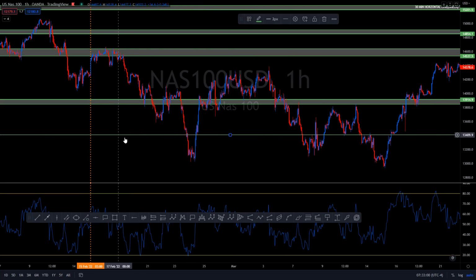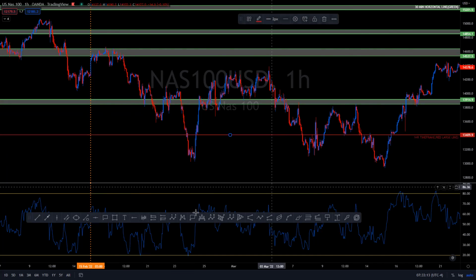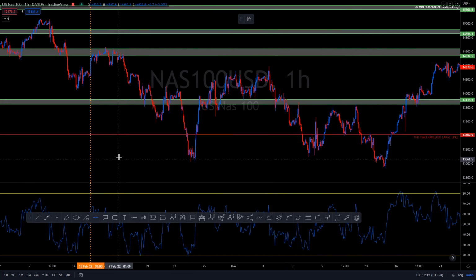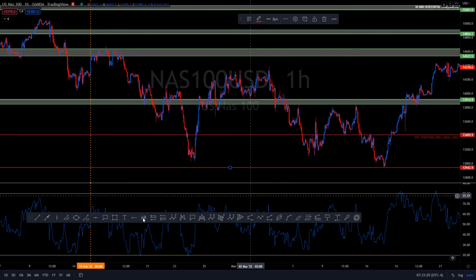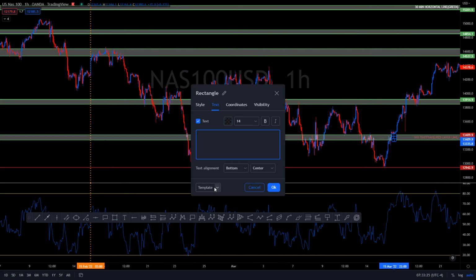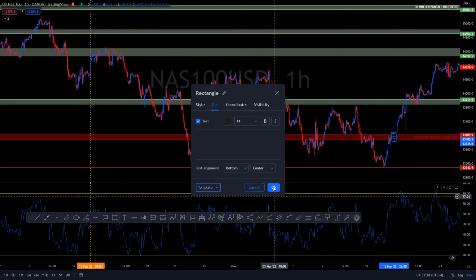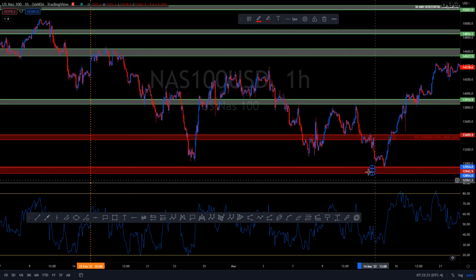And I can see that price respected this area a lot, here, and made this move up to here. So we're going to make this red. And then I'm going to put this one down here. Market structure is very important when you're trying to figure out when the institutions are making their biggest moves. That's what you want to look for.